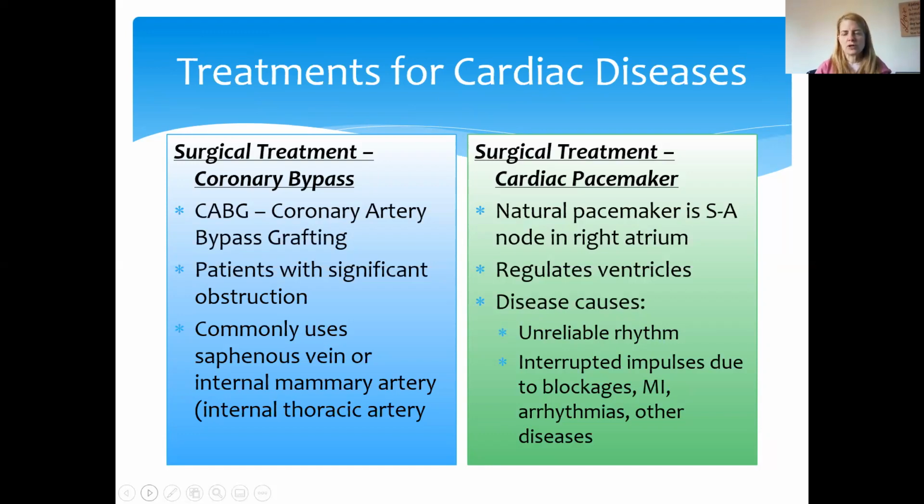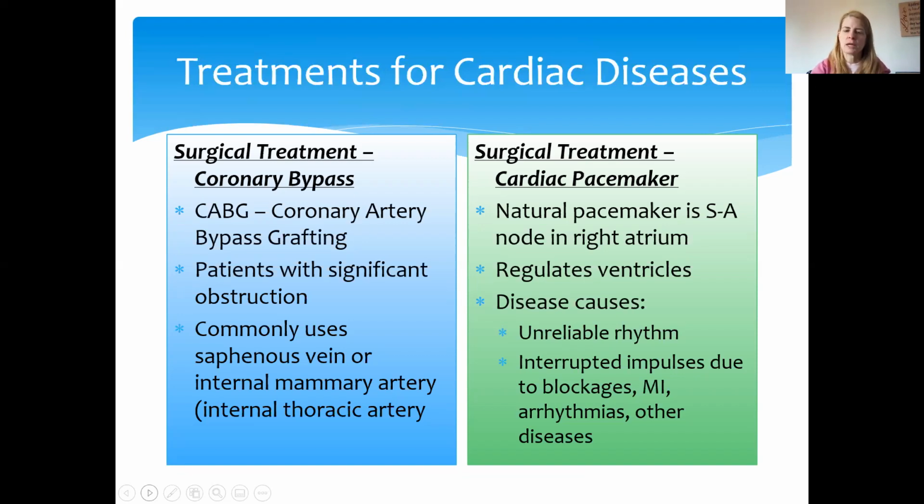The natural pacemaker is in the SA node in the right atrium, and it regulates the pumping of the ventricles. But cardiac diseases can make that rhythm unreliable, and it can interrupt that rhythm based on myocardial infarctions, heart attacks, or arrhythmias, or blockages.